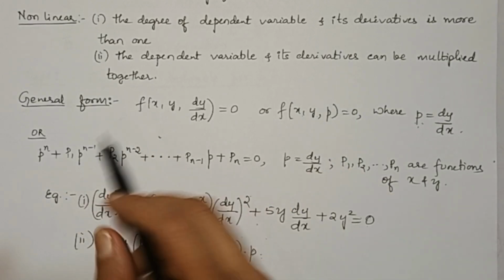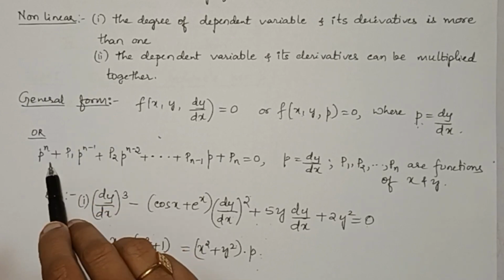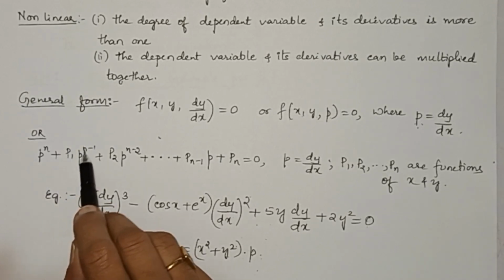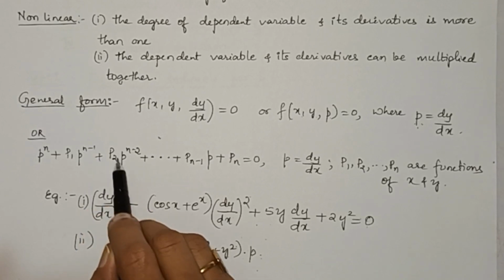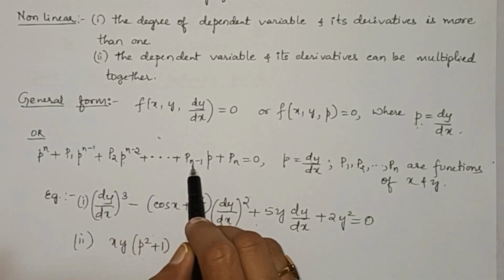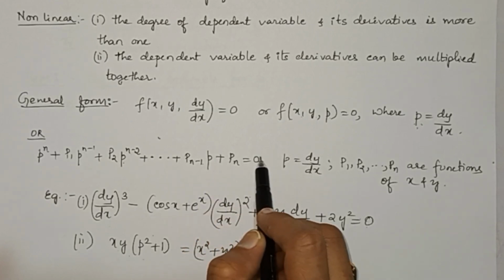In a more general way, we can write the first order nonlinear differential equation as p to the power n plus P1 into p power n minus 1 plus P2 into small letter p power n minus 2 plus, on up to Pn minus 1 into p plus Pn, which is equal to 0.